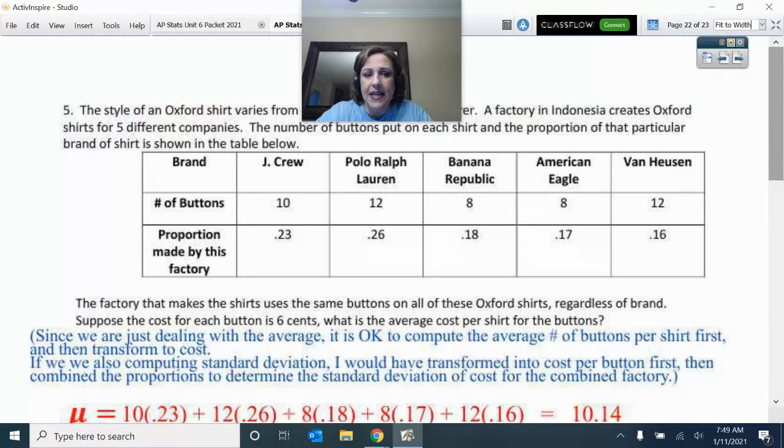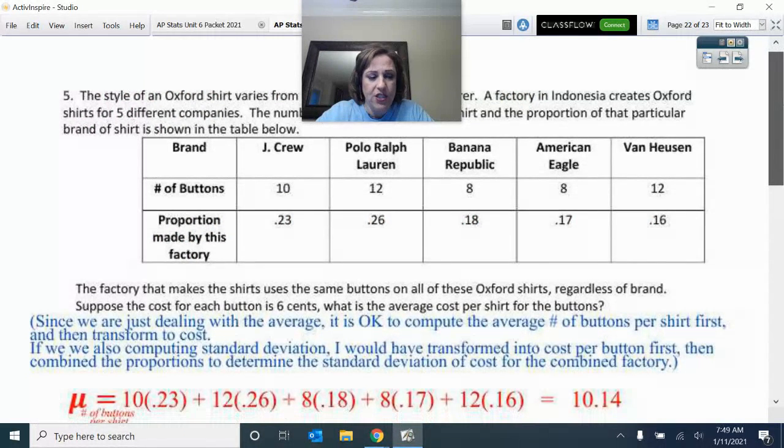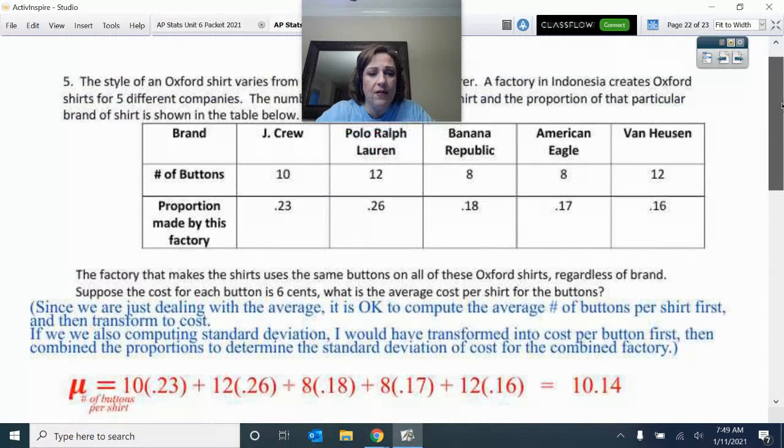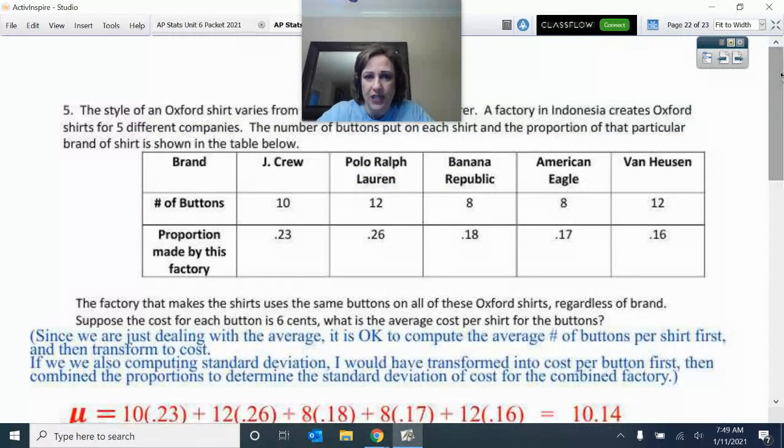All right. Now we have this situation, and this is interesting. There's a bit involved with this one. We have a factory and we know that they're making all these different shirts. You're going to have to keep the units clear to understand this problem.